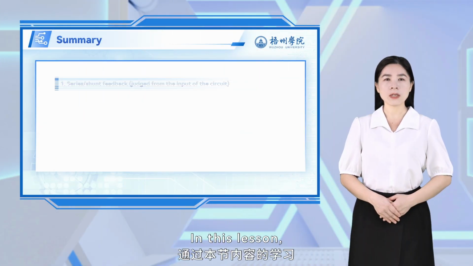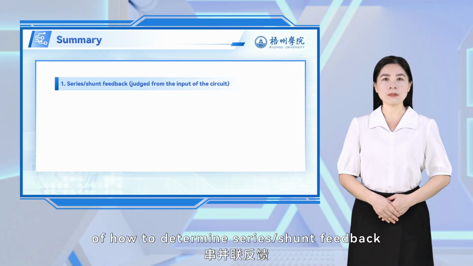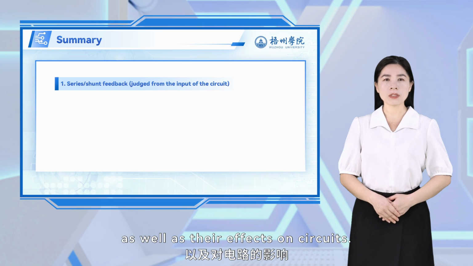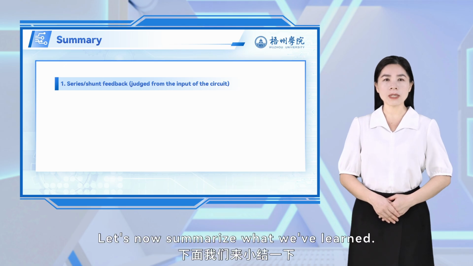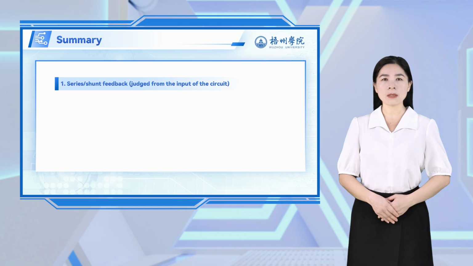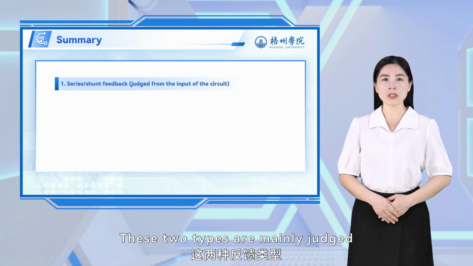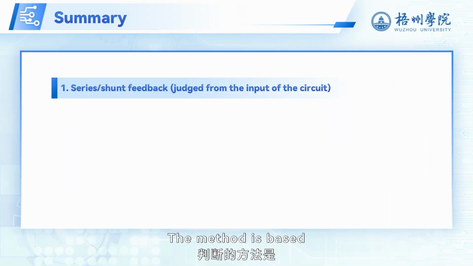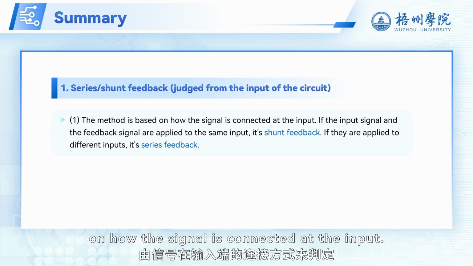In this lesson, we've gained a solid understanding of how to determine series and shunt feedback in voltage and current feedback, as well as their effects on circuits. Let's now summarize what we've learned. First, we introduced series and shunt feedback. These two types are mainly judged from the input of the circuit. The method is based on how the signal is connected at the input.